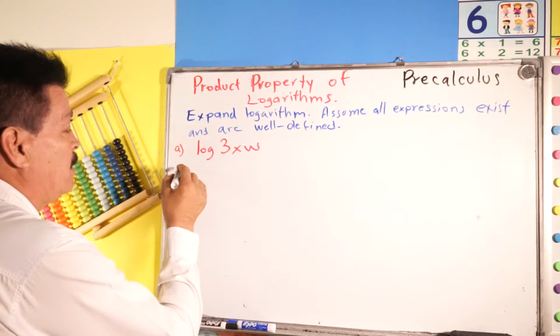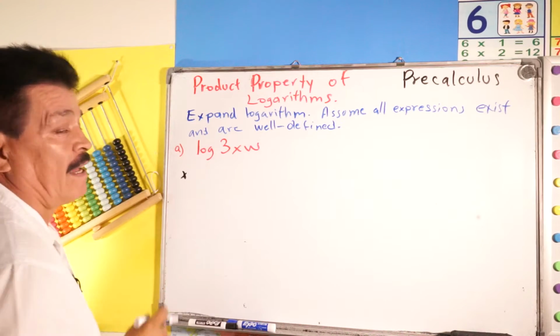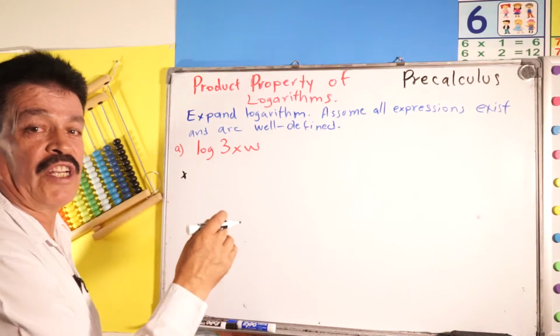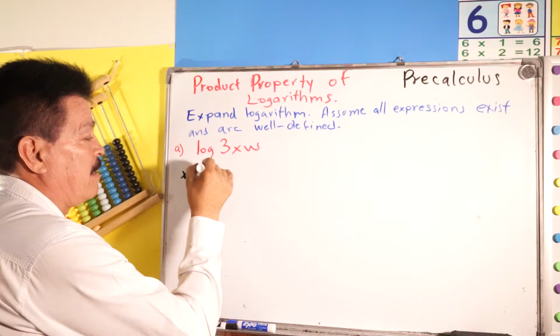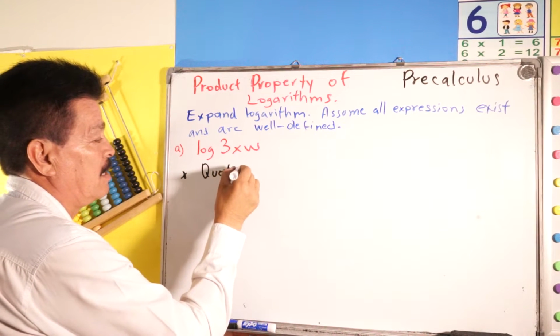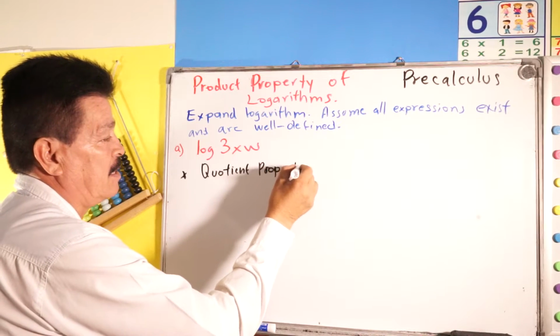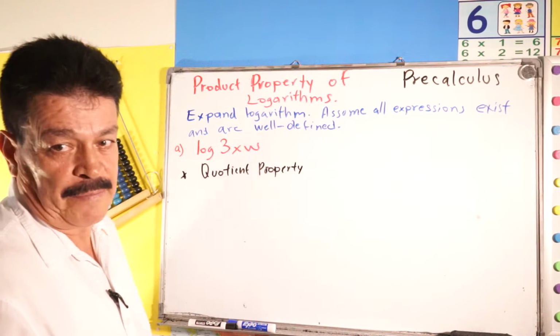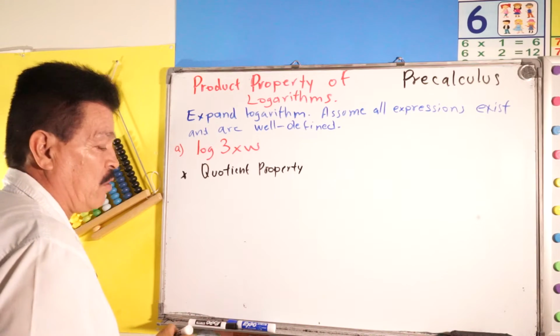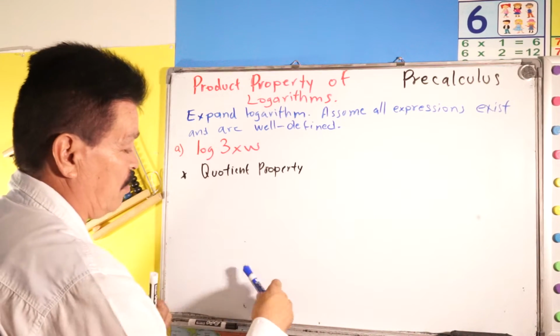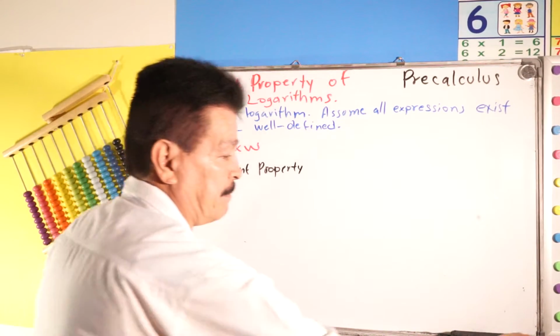The first property is the quotient property.